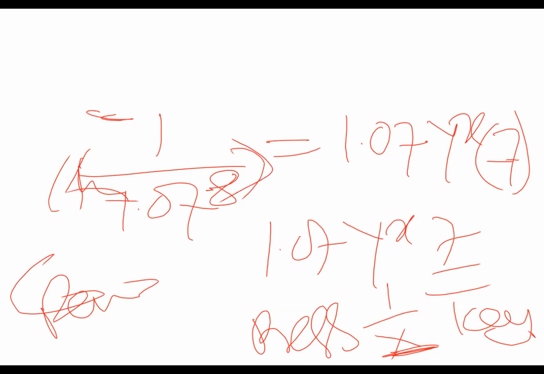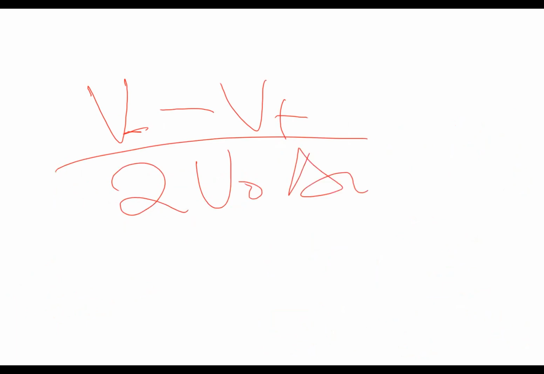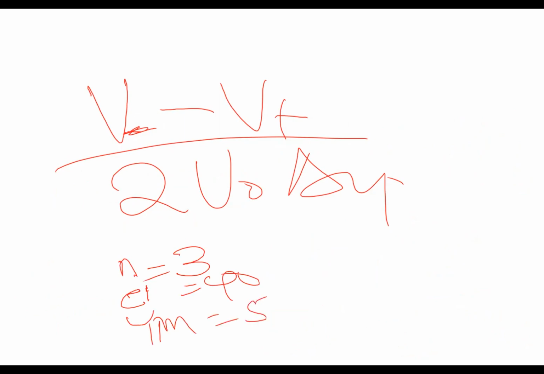So for instance, how many of us are familiar with the formula for duration? Approximate duration, I say, is V minus, V plus, over 2 times V naught, times the change in yield. Is that not the case? Yeah. So assuming I have N in a scenario, N is 3 years, the coupon is 40, yield to maturity is let's say 5%, and face value of this bond is 1,000, assuming the yield to maturity changes by 20 basis points.